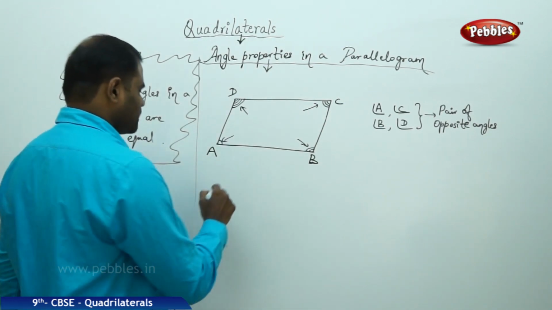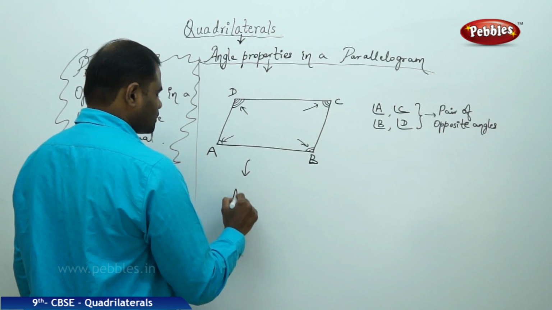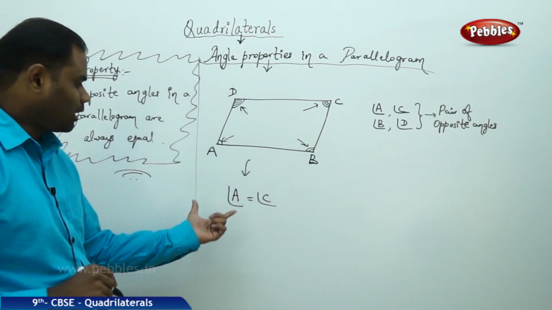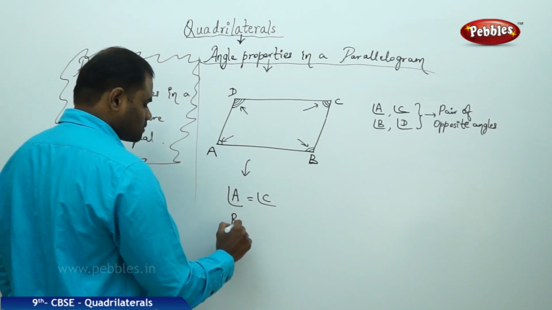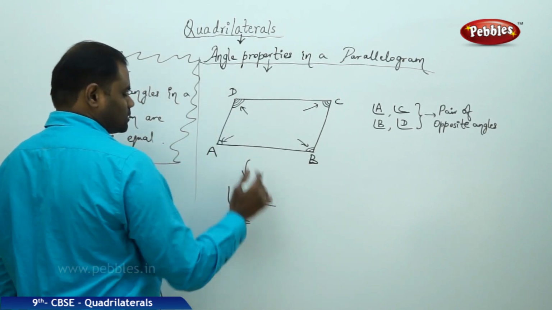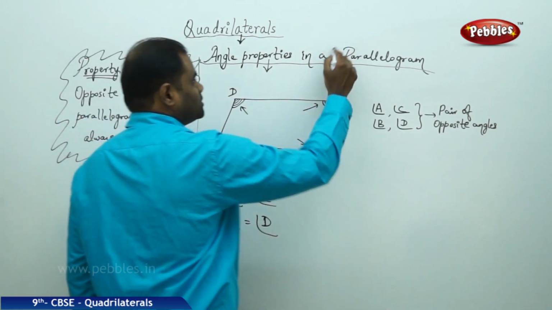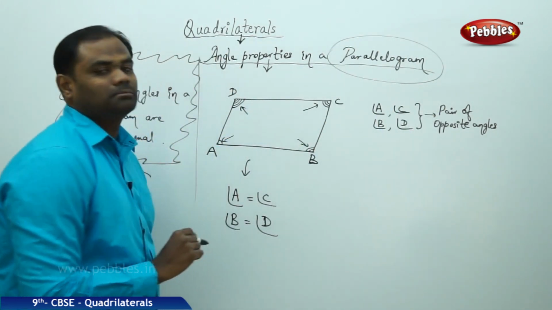That is, in this case, angle A must be equal to angle C and angle B opposite to that is angle D must be equal if ABCD is a parallelogram.